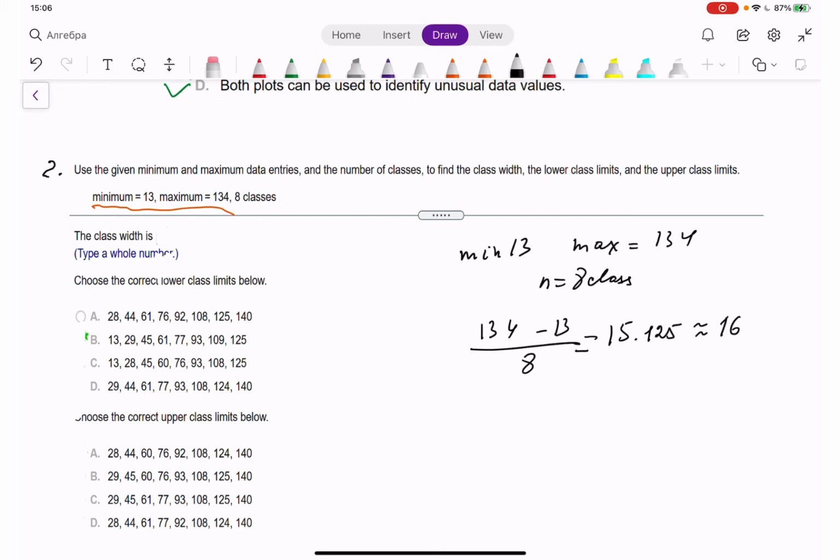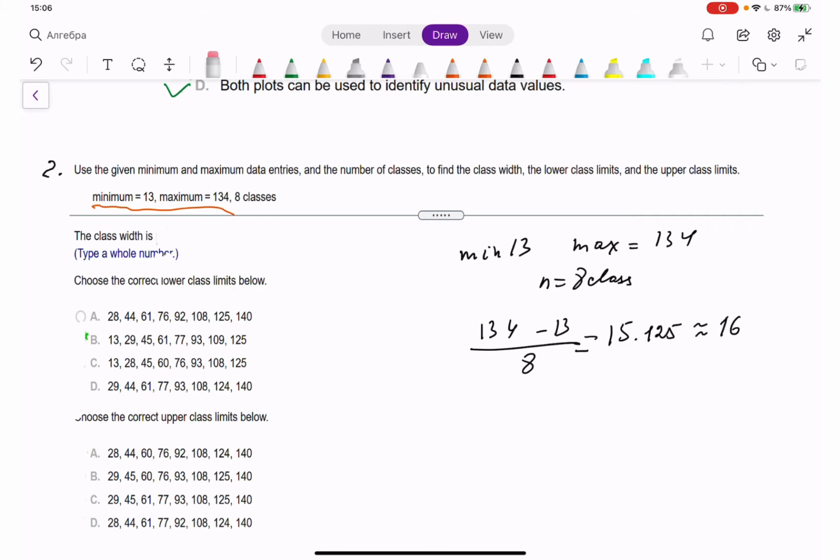Next, 61 minus 44 is 17. Between 44 and 61 it's 17. It cannot happen, because the class width has to be the same.